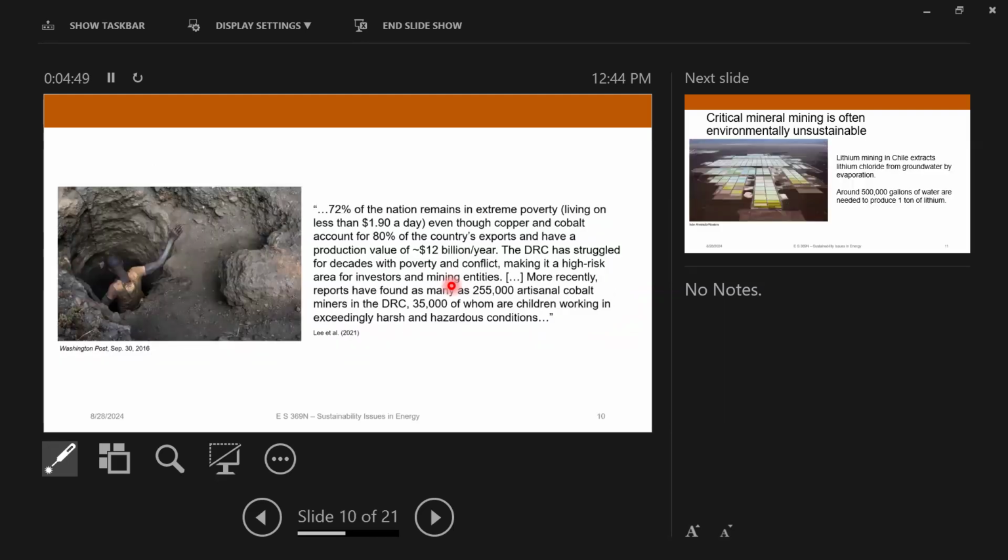Particularly in the DRC, there are a lot of kids working in mines. There are these people they call, euphemistically, artisanal miners, who just dig pits in the backyard of their house or something. And they're working that every day in very unsafe conditions for not very much money. There are 35,000 children working in cobalt mines in the DRC.